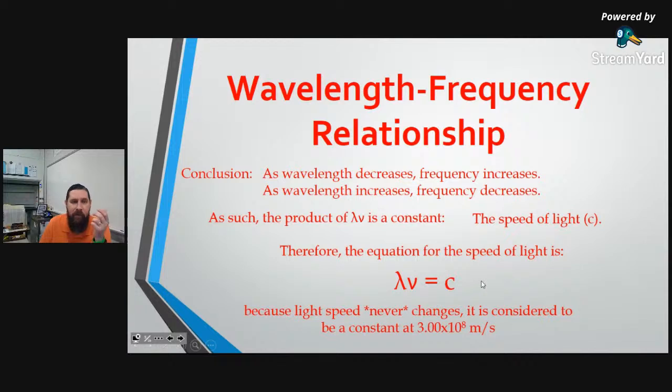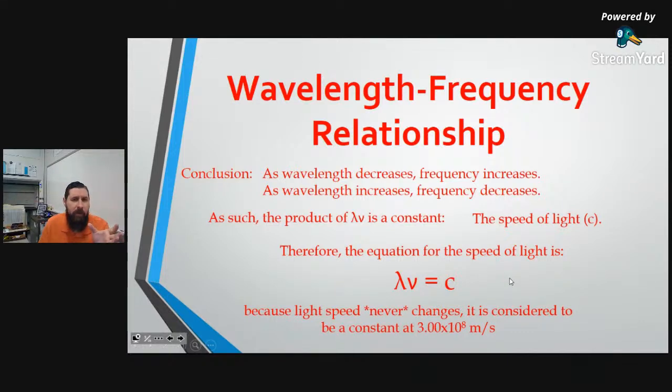And because the speed of light, quote unquote, never changes, it's considered to be a constant with the value of 3.00 times 10 to the 8th meters per second, or more precisely 2.9979 times 10 to the 8th meters per second. But for our purposes in this video, I want to make the math easy for you.